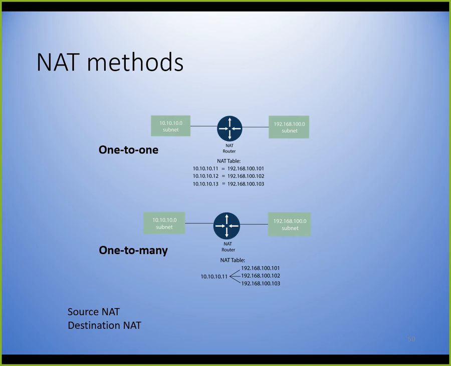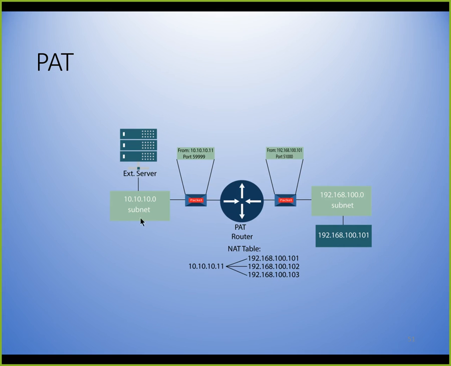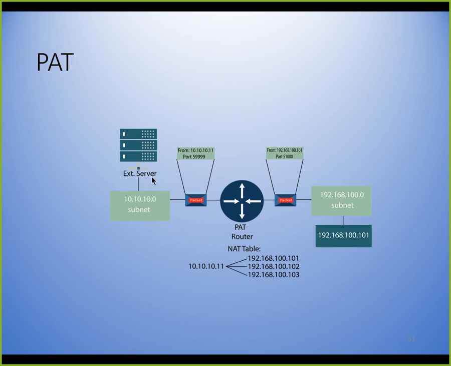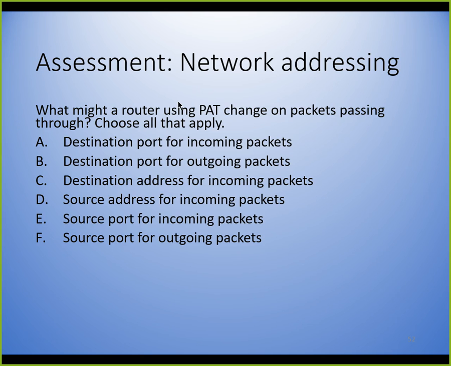We're going to have addresses going to this one. We're also going to have ports associated with it in order to create sockets for these things. PAT, if you notice, the PAT here is the one-to-many. So port address translation, we have port numbers associated with these things to create unique locations called sockets. So an IP address and a port number creates a socket.